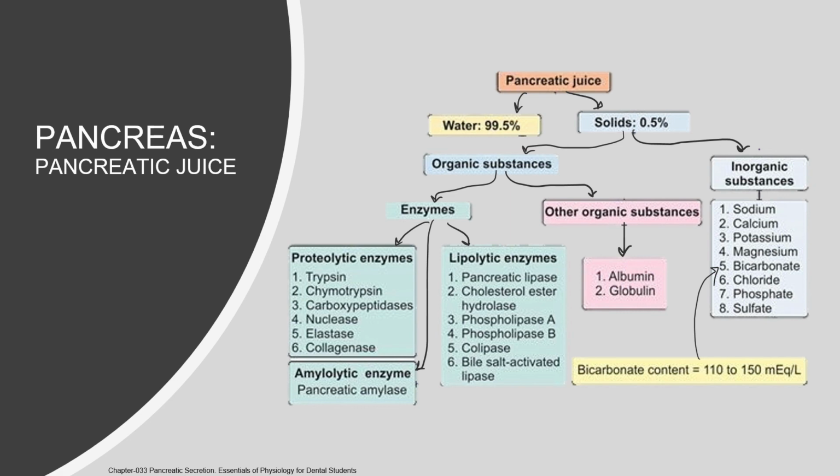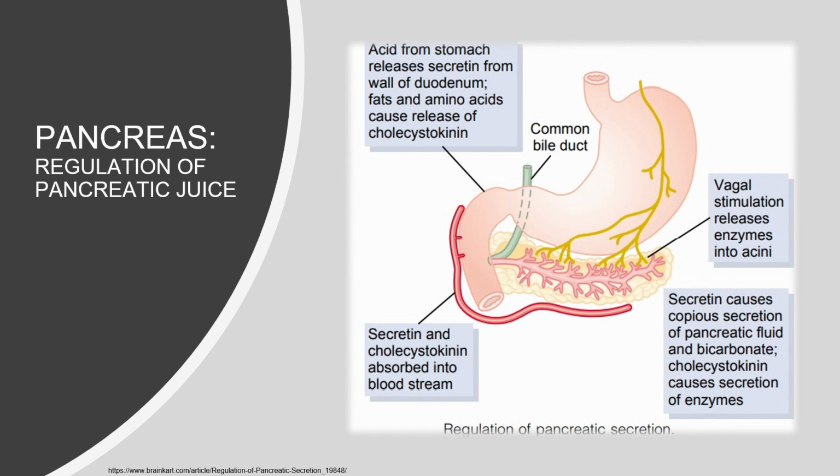If we talk about the regulation, as you might expect, secretion from the exocrine pancreas is regulated by both neural and endocrine controls. We've already actually talked a bit about it. During interdigestive periods, very little secretion takes place, right?